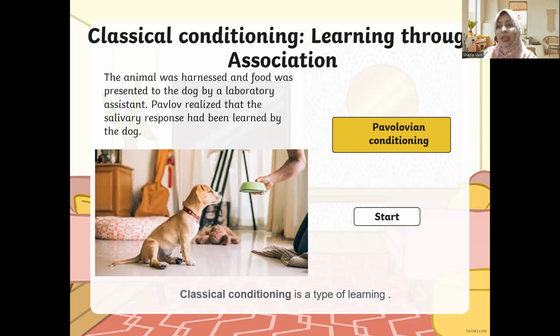This entire experiment of classical conditioning was done by the scientist Ivan V. Pavlov. So here, Ivan Pavlov conducted an experiment. And what was the experiment all about?